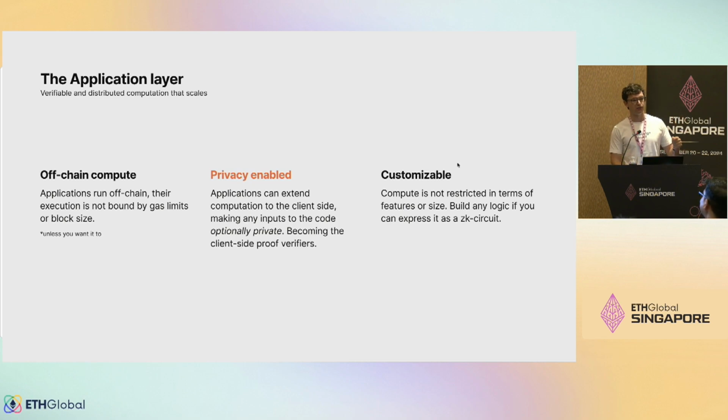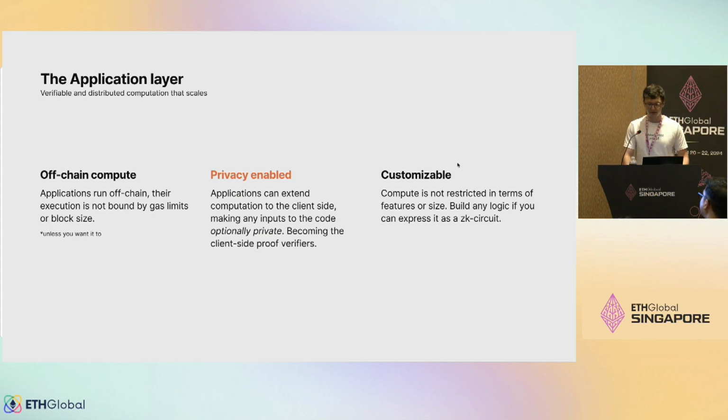Can you verify that we actually did it correctly? And so one of the nice things about having this off-chain execution model is that we are not bound by any gas limits or block sizes or anything like that. We can super freely and flexibly design our application layer to our needs, as long as it's provable, obviously. And using that, it doesn't matter what we actually did, we can go to the base layer and say, okay, please verify this for me.